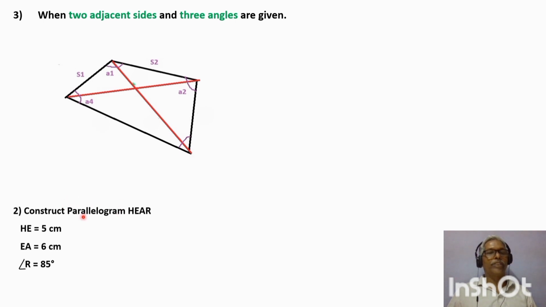So definitely some more data is given and we will see after drawing a rough sketch. Whenever a parallelogram or a rhombus, such things are given, then use their properties. Okay, so we will see this in actual construction. Okay, so proceed.